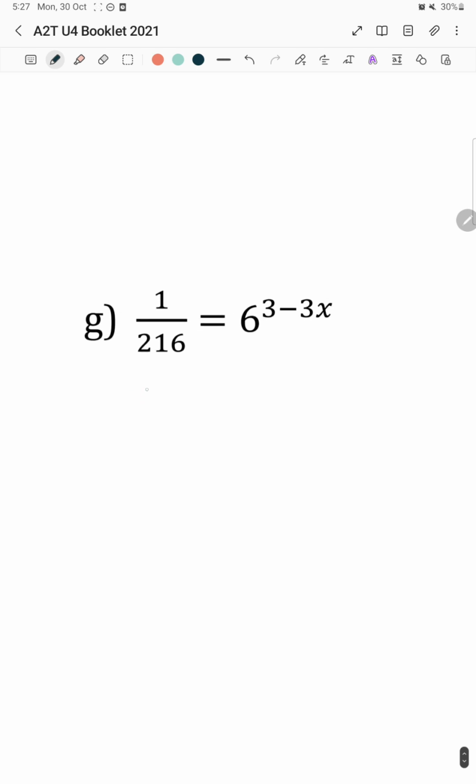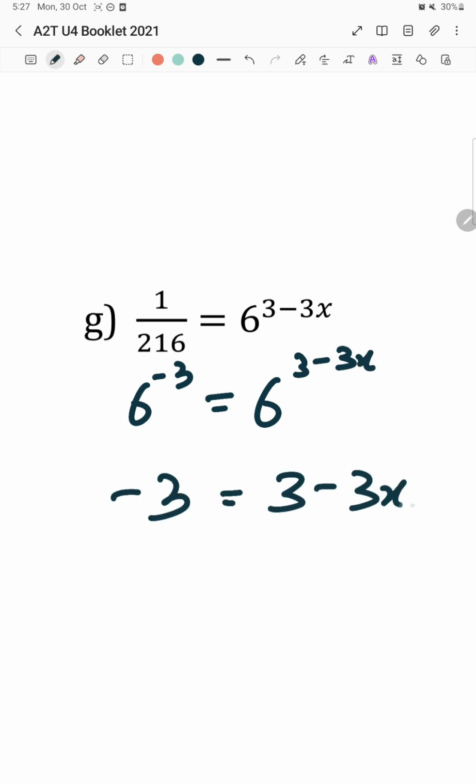Okay, so 216 can be written as 6 minus 3 is equal to 6. 3 minus 3x minus 3 is equal to 3 minus 3x. Minus 3.